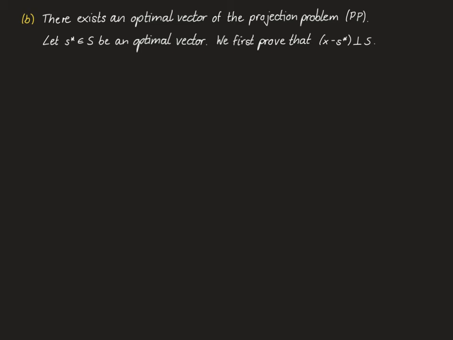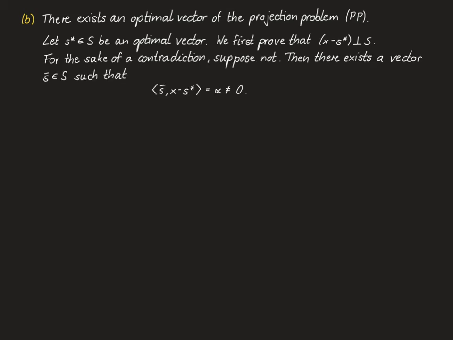And we will first prove that x minus S star is perpendicular to the subspace S. So for the sake of a contradiction, suppose not. This means that there exists a vector S bar in S such that the inner product of S bar with x minus S star is non-zero. So here it's equal to some value alpha, which is not 0.